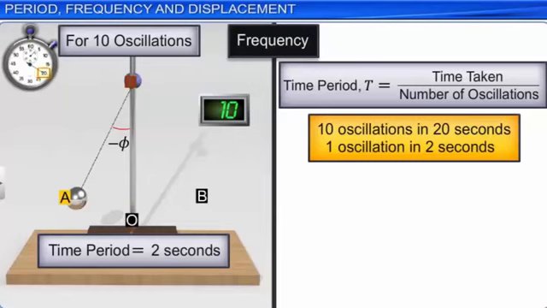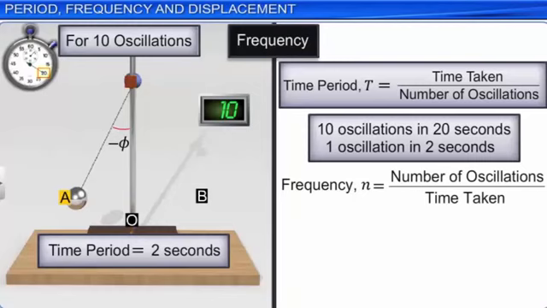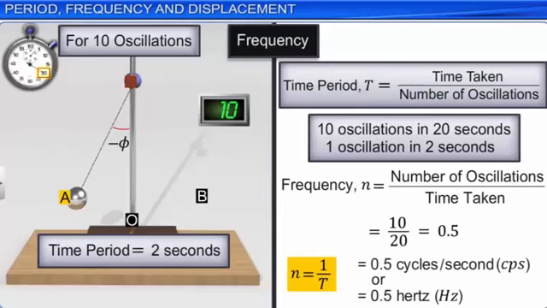Here, frequency n will be equal to the number of oscillations divided by the time taken, which on substitution gives the value 0.5. Therefore, frequency n is equal to the reciprocal of time period T. Frequency is measured in cycles per second, CPS, or Hertz, and is denoted by Hz, named after the scientist Heinrich Rudolf Hertz.